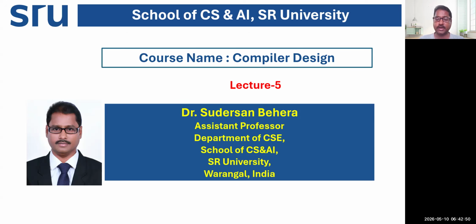Okay, yesterday we started with what is DFA, Deterministic Finite Automata, and what are the different components of DFA. Like DFA has a number of states. One of the states will be an initial state, and there may be multiple final states, also known as accepting states.